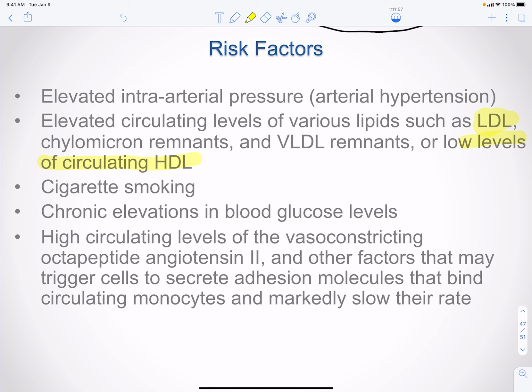High circulating levels of angiotensin II, which tend to cause cells to secrete adhesion molecules, and adhesion molecules will allow your monocytes, which are circulating macrophages, and slow them down so they will bind to the blood vessels.